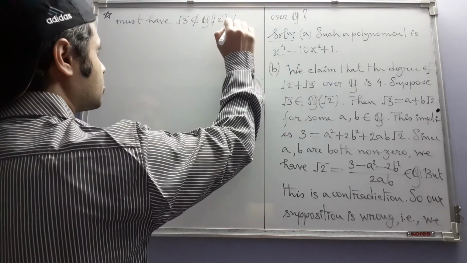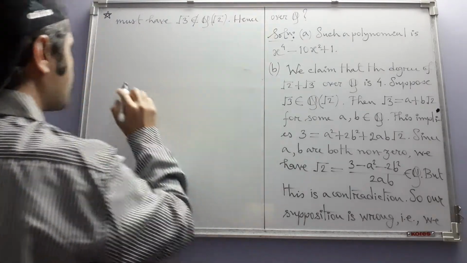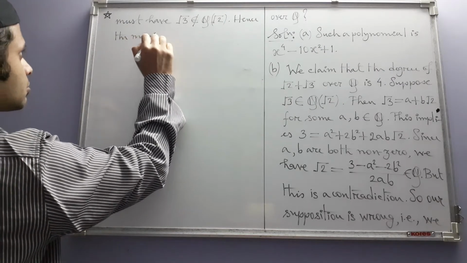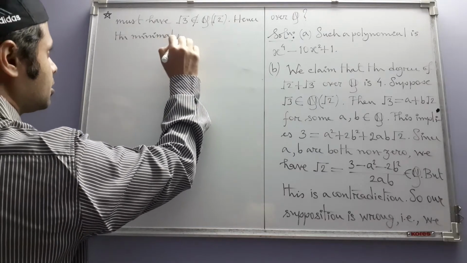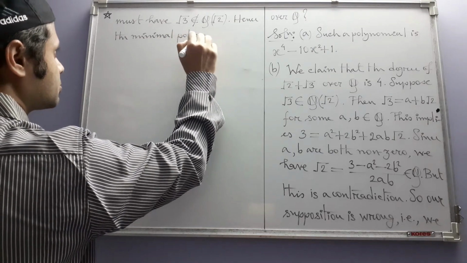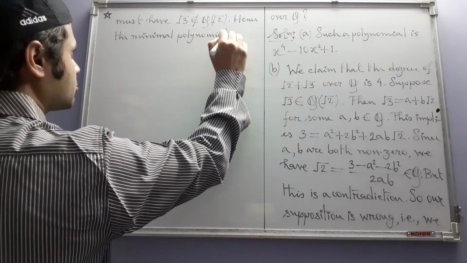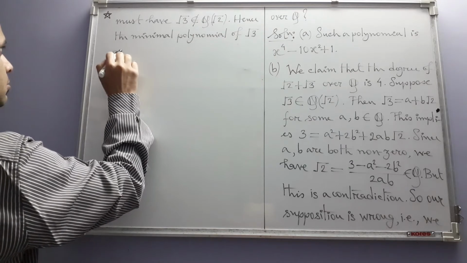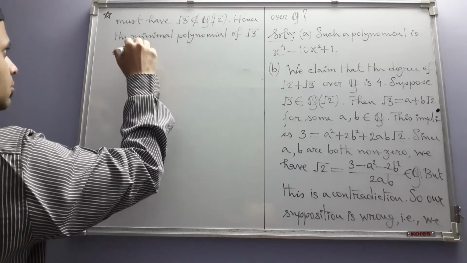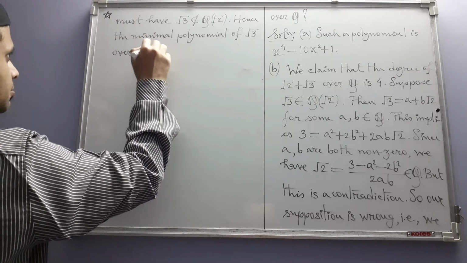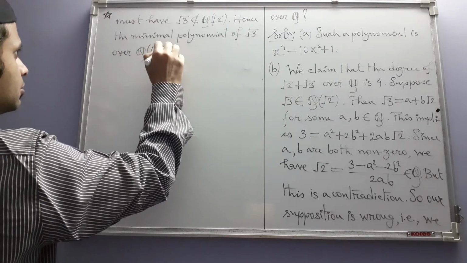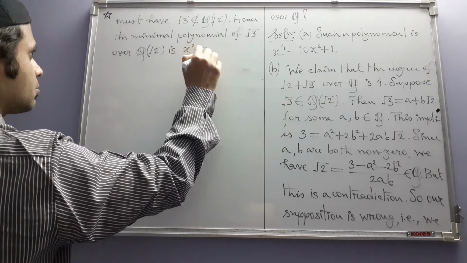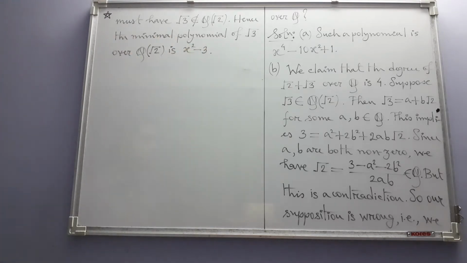Hence, the minimal polynomial of square root of 3 over this extension is x square minus 3. Why is that so?